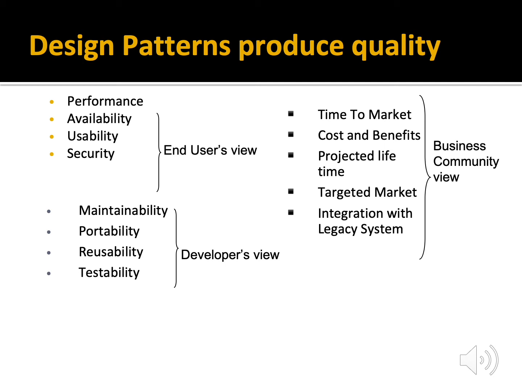And from the business community, the quality parameters are different. For example, they are very much concerned about their time to market, their cost and benefits, the projected lifetime of the application, targeted market, and interaction with the legacy system. What is meant by a legacy system? It means that if a client is asking you to convert some existing old manual system or old system to use new technology, then his old system should be easily convertible into the new system.